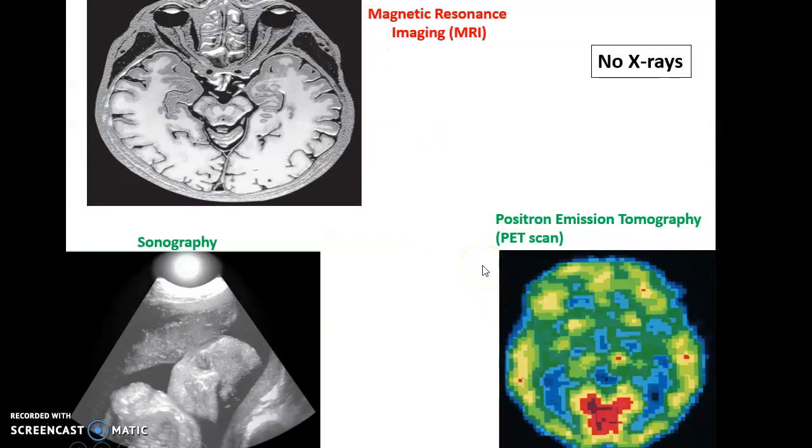Then we have a variety of techniques that do not use X-rays. So they are potentially a little safer because there's no X-rays being used. This includes magnetic resonance imaging, MRI. This technique uses magnetic fields and radio waves to allow for a three-dimensional view of the body.